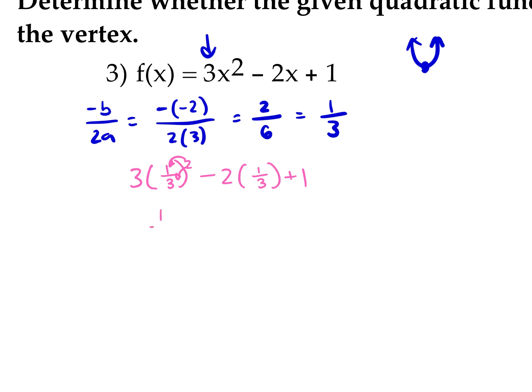So this would be 1 over 9 times 3, and then minus 2/3 plus 1. When I have 3 over 9, I could simplify that to 1/3. So 1/3 minus 2/3 plus 1.